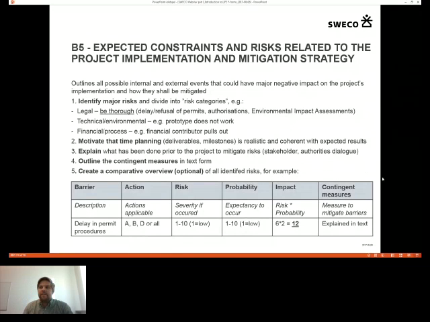I hope this is useful, but I emphasize that this kind of table is just optional, but it could help an evaluator to get a faster and better understanding of the different risks and how serious they are compared to each other.